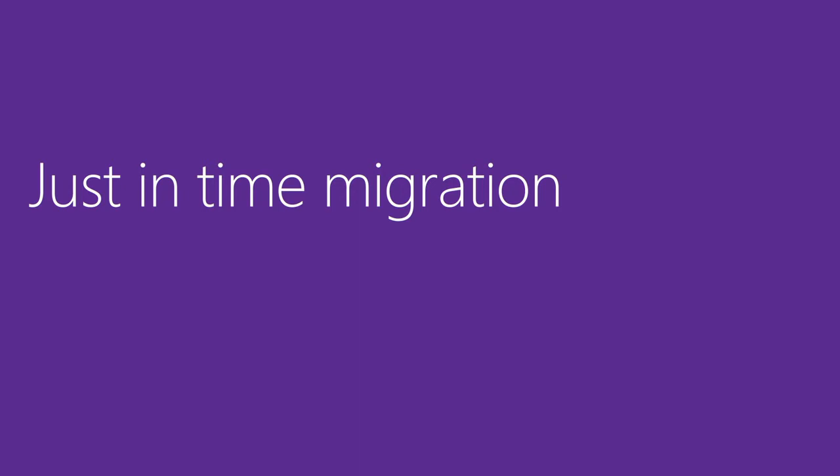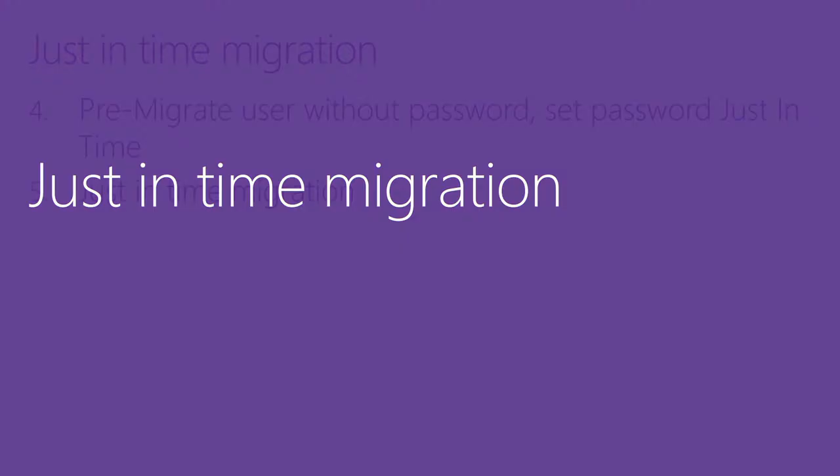The next section is just-in-time migration. Just-in-time migration comes to deal with the case where you don't have access to the password, but in a more efficient way. The process involves a custom policy and a call to a REST API. The reason that we use a custom policy is in order to call a REST API, and I'll show you 2 flows in just-in-time migration.